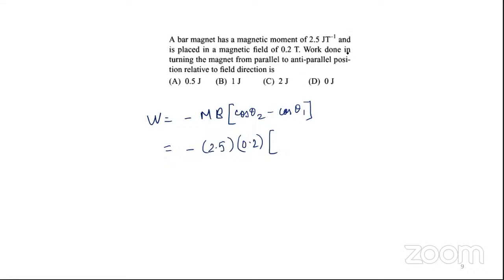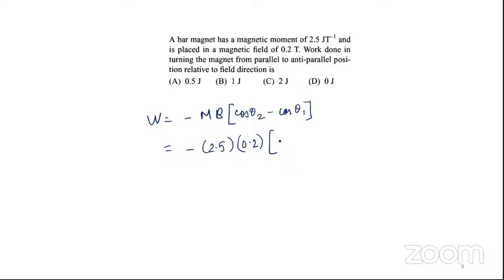Work done in turning the magnet from any one position to another position is given by minus mB into cos theta 2 minus cos theta 1. Alright, so the work done for doing this will be minus 2.5 multiplied by 0.2, and cos theta 2 is in anti-parallel position, that is 180.